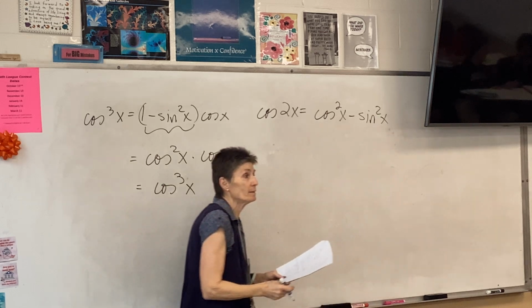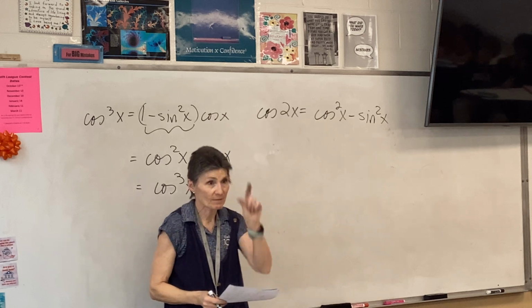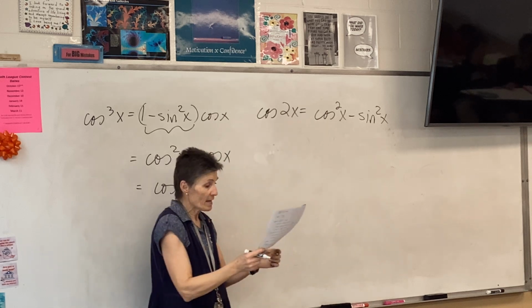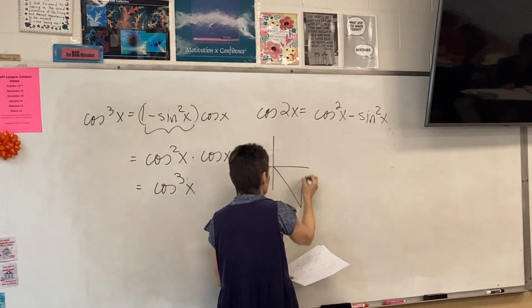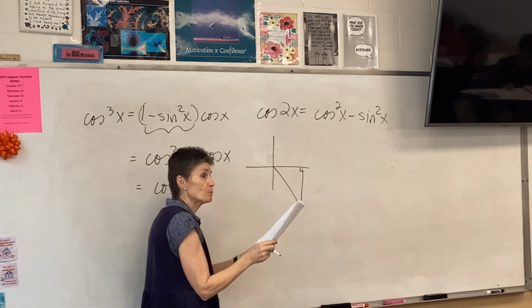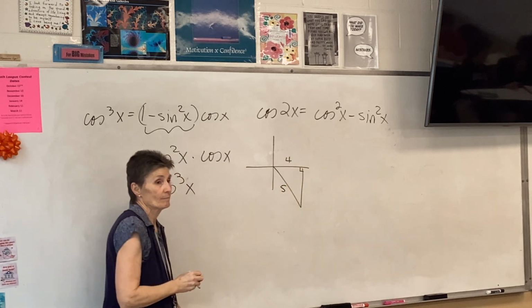Truly, it makes no difference. Pick one of the versions, and that's what you're going with. Then, I am told that I am in quadrant 4, and that the cosine is 4/5.